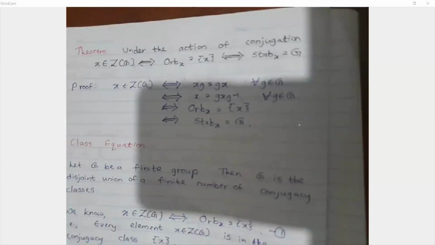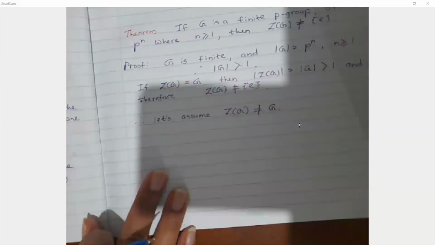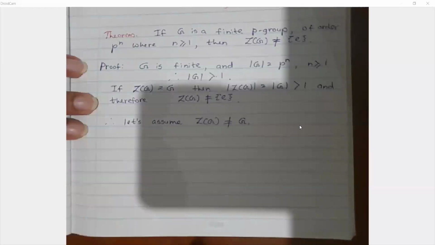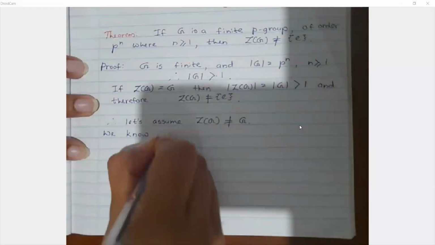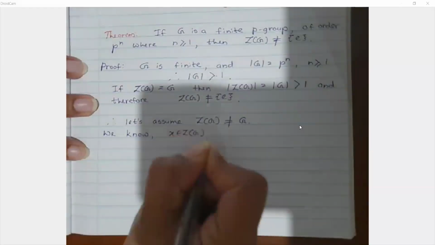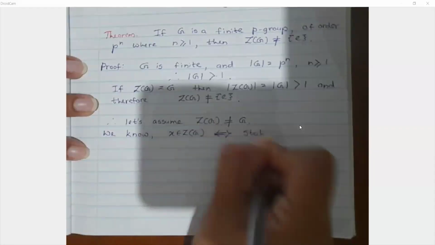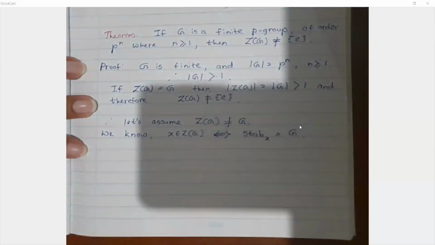What I'm referring to is this theorem, right? If you take one element from the center, then the stabilizer is equal to G. So we know when x is taken from the center, this is if and only if the stabilizer of x, the corresponding element, is equal to G, right?